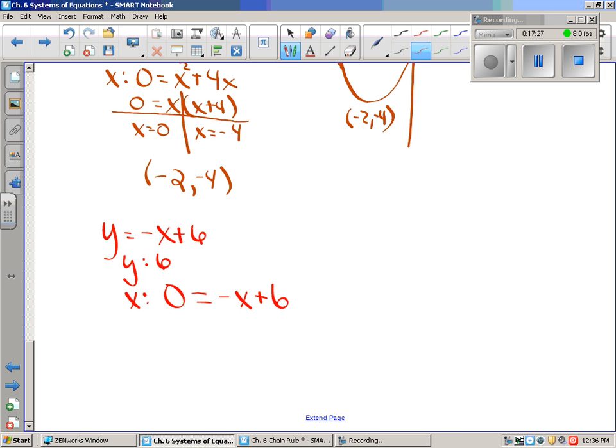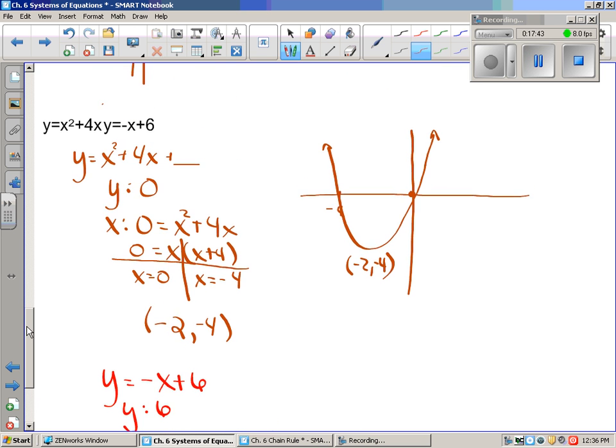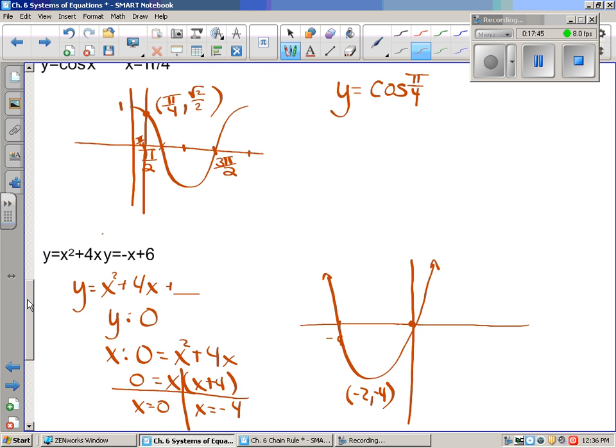If you subtract the 6, then you have negative 6 equals negative x, and then you'd have to divide by that negative 1, right? So I'd get x equals positive 6. So on my graph, and we're going to draw it on the same one, that means my y is 6 and my x is 6.